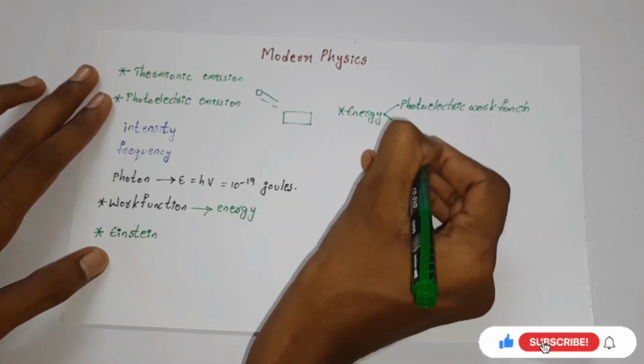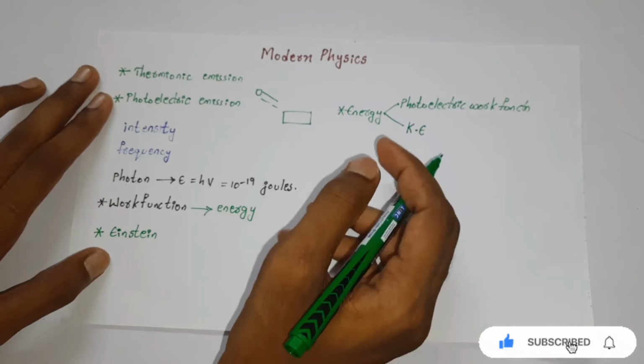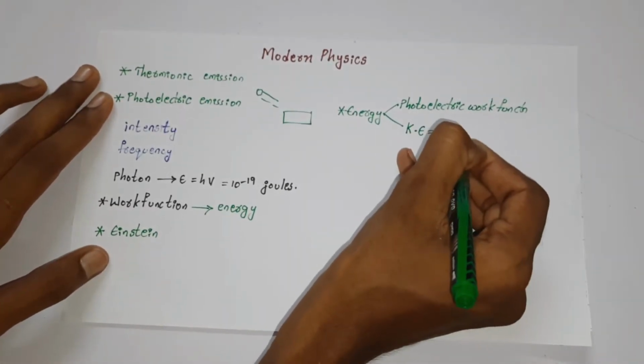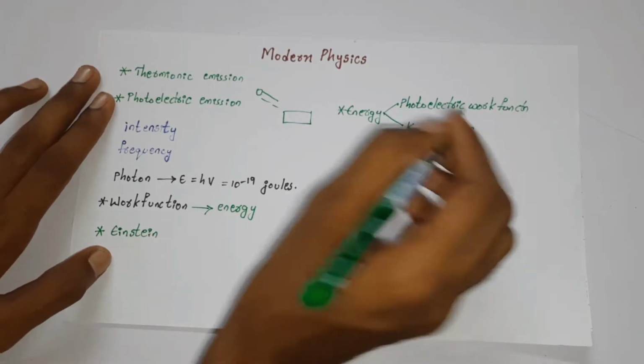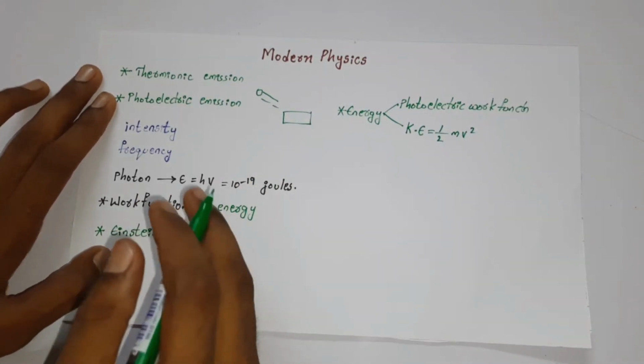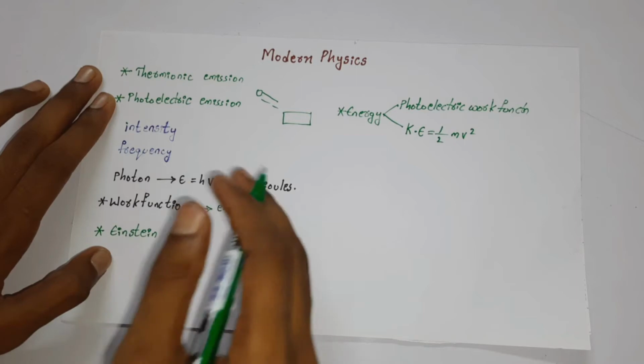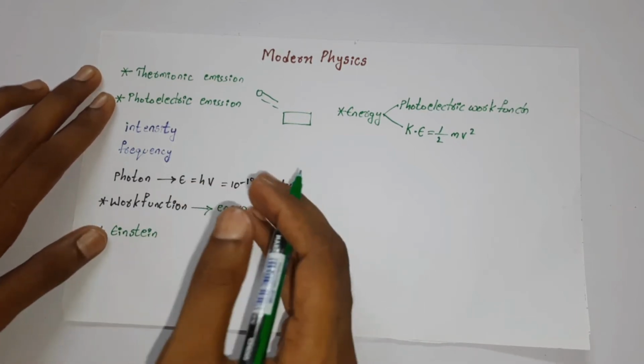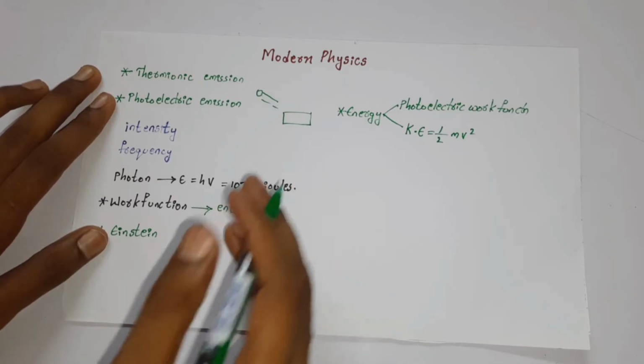To make the electrons liberate from the metal, they should have some kinetic energy, that is half mv square. This half mv square kinetic energy is used by the electrons to liberate from the metal. So that is how, according to Einstein, the energy of a photon is used in these two different ways.